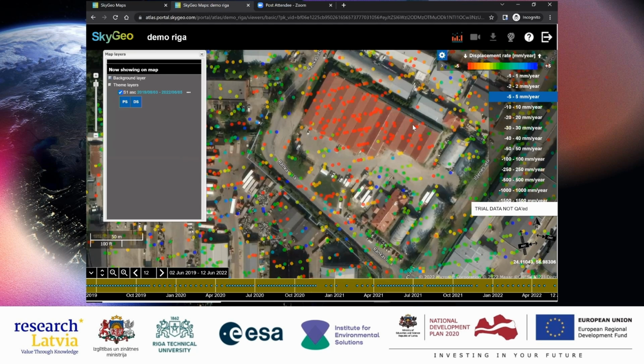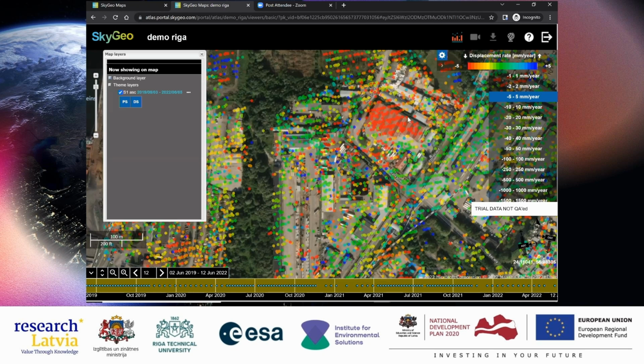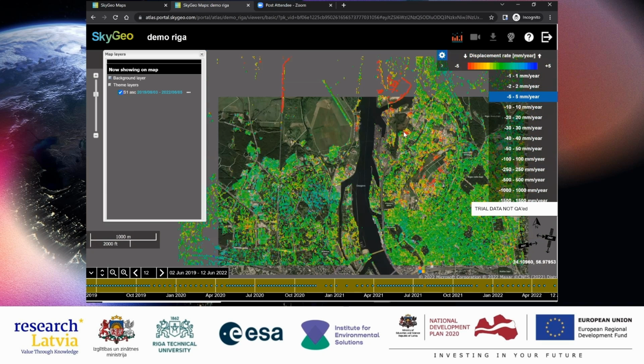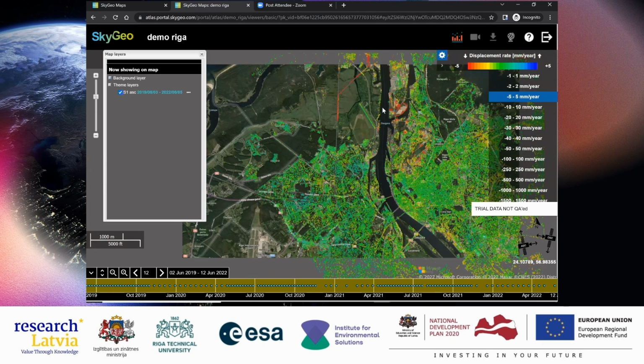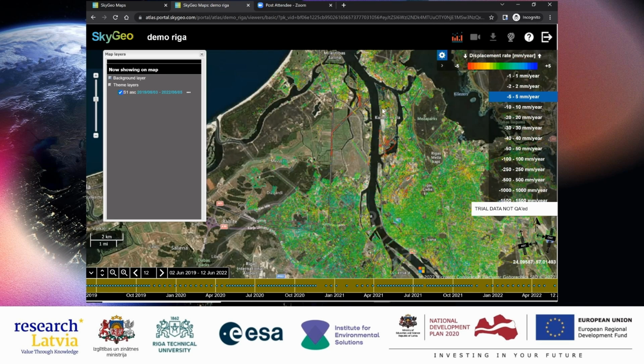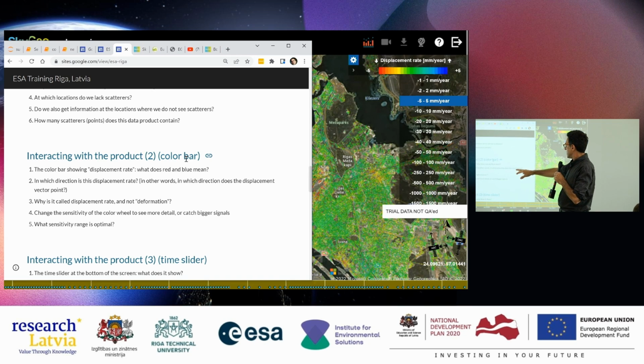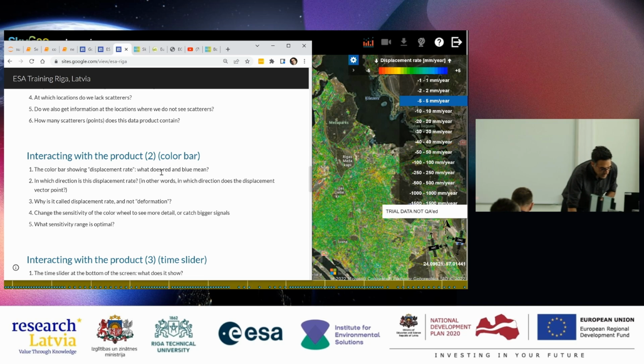Okay. Any other comments on this? Let's have a look at the questions again. I think most of the things I just discussed now. We have the displacement rate, red and blue, direction of displacement, towards the satellite, away from the satellite, changing the sensitivity of the color wheel, and that depends on what you want to see, obviously.